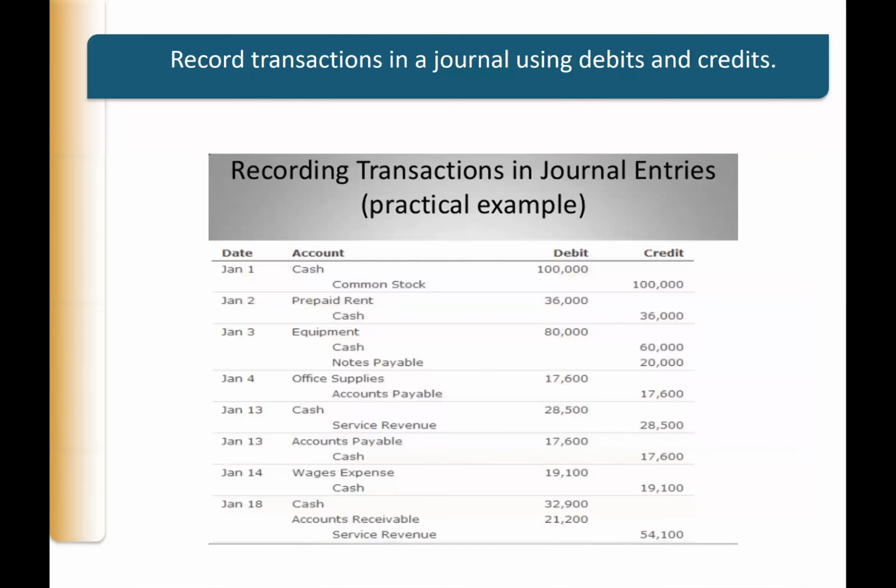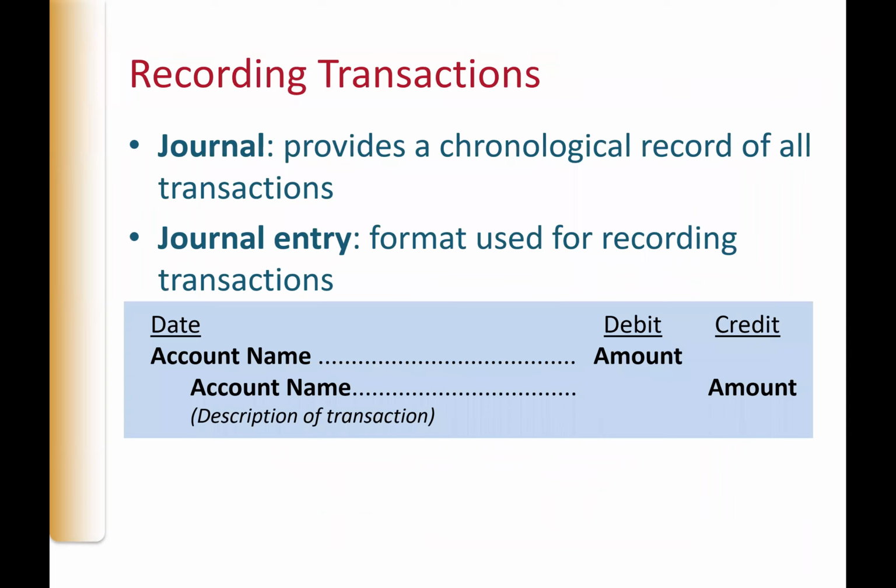So now, everything we've been talking about, we've been talking about, hey, what happens to cash? Increase or decrease. Now we can use the word debit or credit because we are going to prepare journal entries for each transaction.